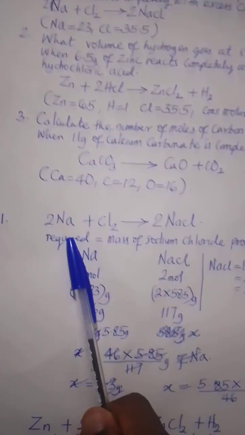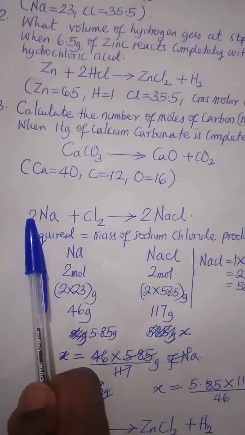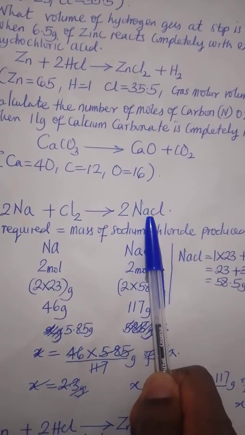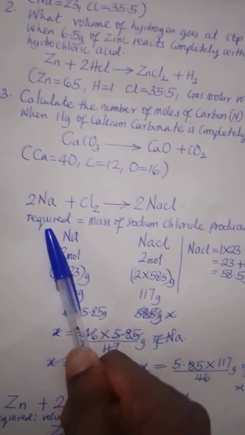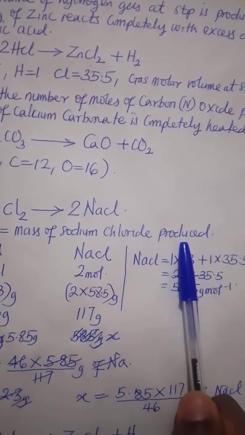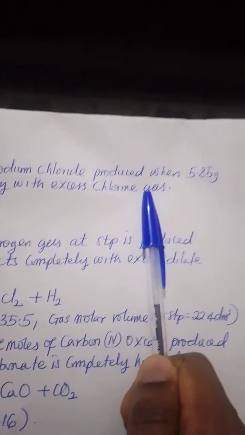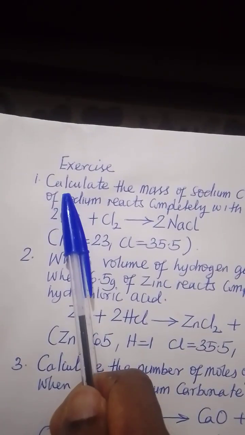Now, to start with, we're given the equation of reaction, that is sodium reacting with chlorine to produce sodium chloride. What is required from the question? We are required to solve for the mass of sodium chloride produced. In the question, we're told that the chlorine gas is in excess. Let's take the question again.